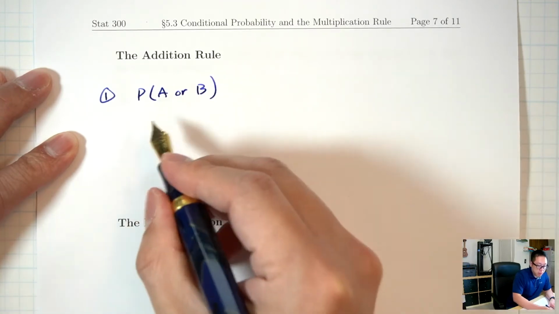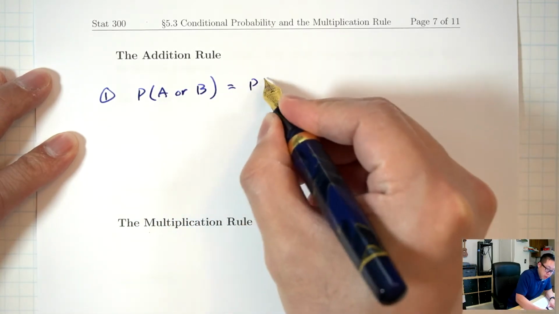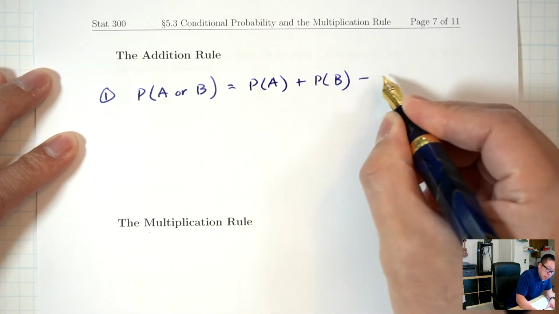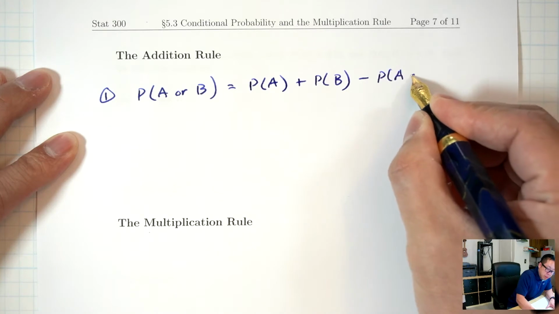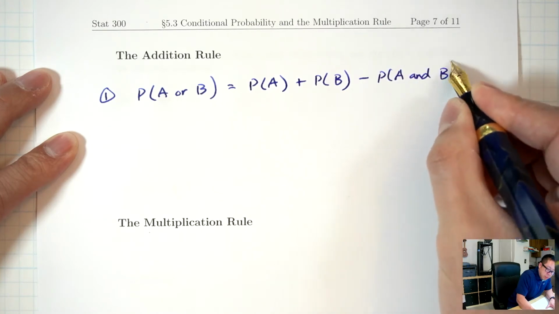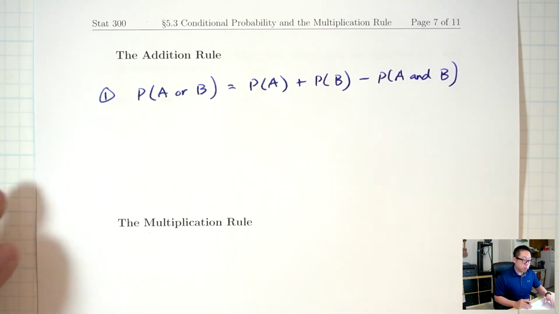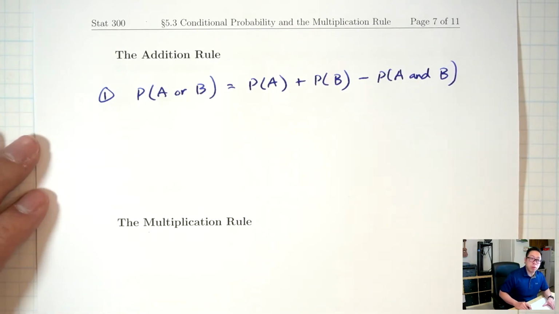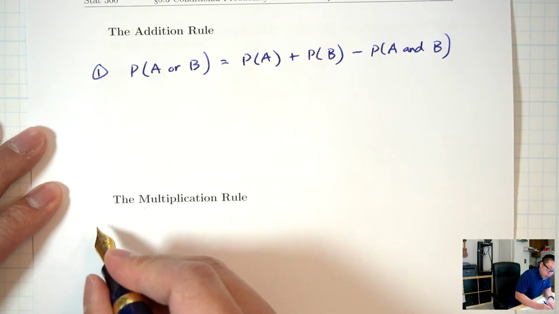It says the probability of A or B is equal to the probability of A plus the probability of B minus the probability of A and B. This is a formula from the previous lecture. Today, the new formula we talked about was the multiplication rule, a formula for finding ANDs.